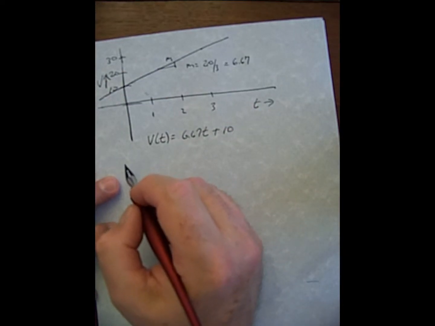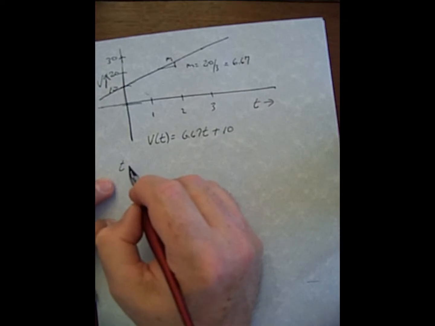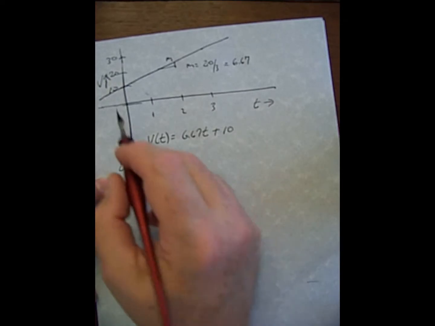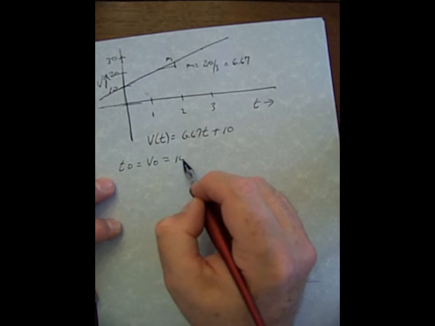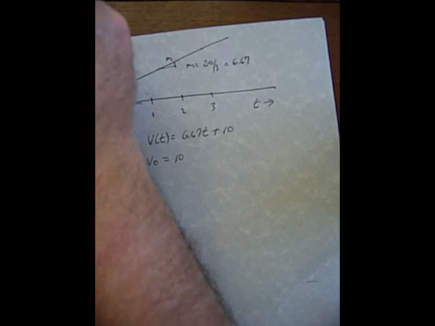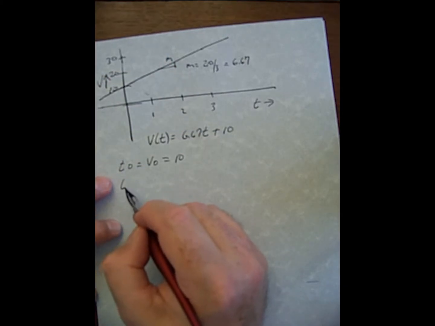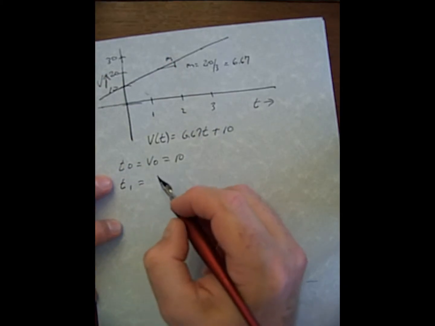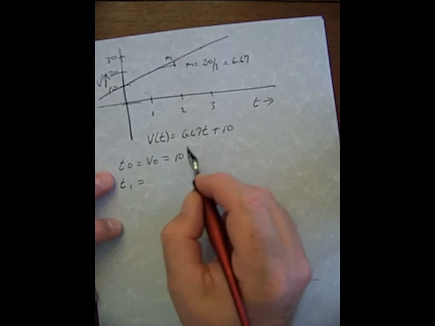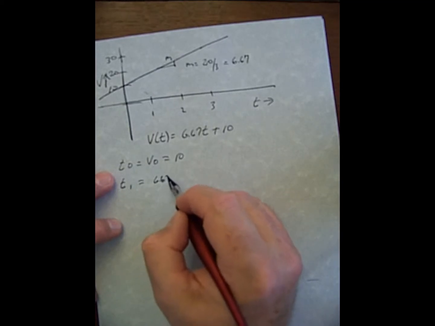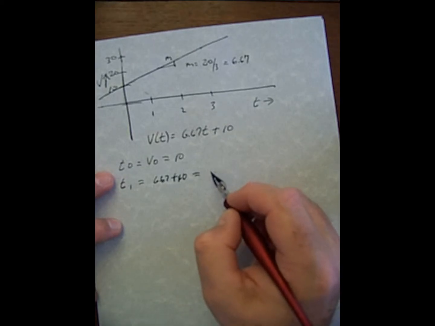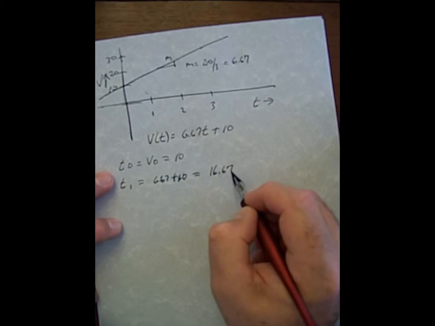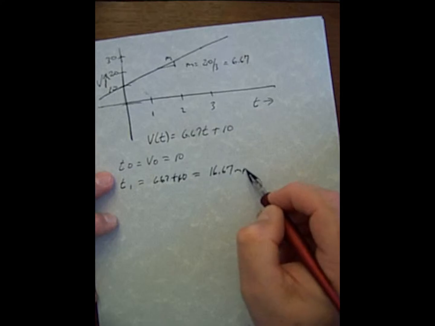So for t equals 0, our velocity is our initial velocity, v0, it's just 10. For t equals 1, our velocity is 6.67 plus 10, which is 16.67, and we'll just say this is miles per hour.